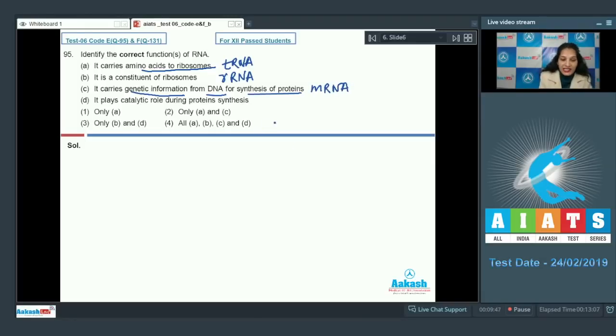D. It plays a catalytic role during protein synthesis. So again, this is rRNA, and more specifically, it is 28S rRNA in eukaryotes and 23S rRNA in prokaryotes. So yes, these all are the functions of RNA. So the correct option for the given question is option number 4. Let's move to the next question.